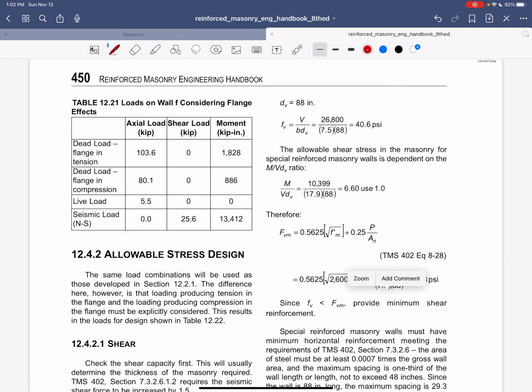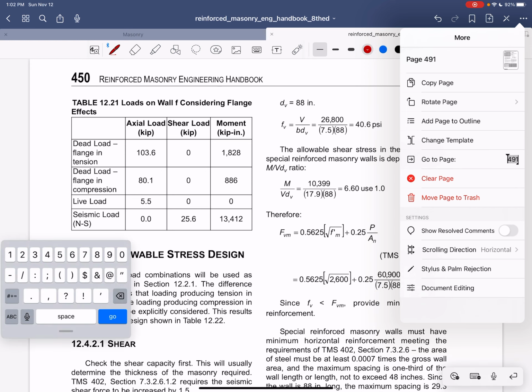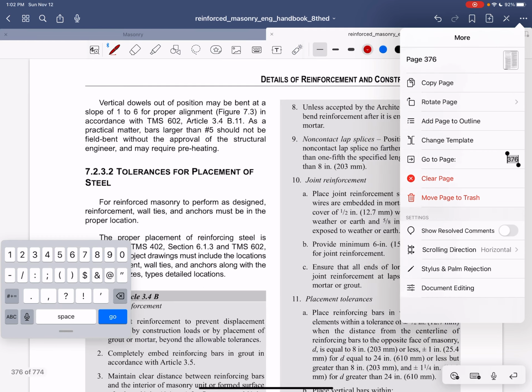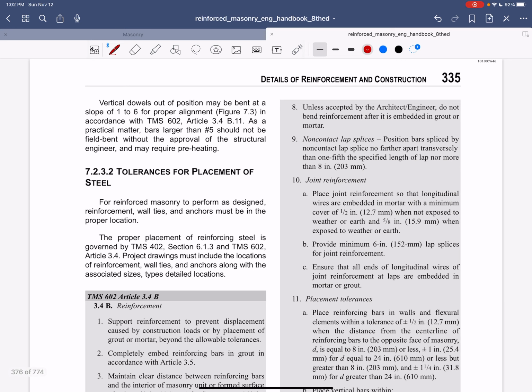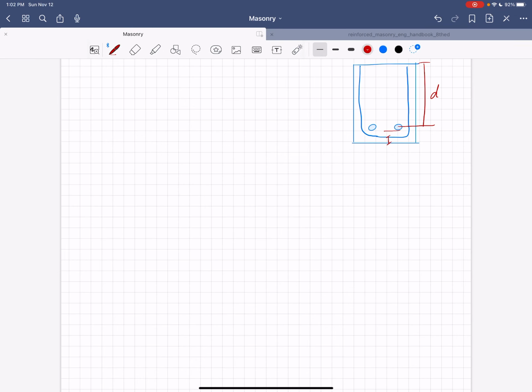Luckily, you guys can fast forward. Back to 376. Okay, here we go. 335 in the handbook. If we look at page 335 in the handbook, I feel like I might not have written that down for you here. So we're going to look at page 335 in the handbook.